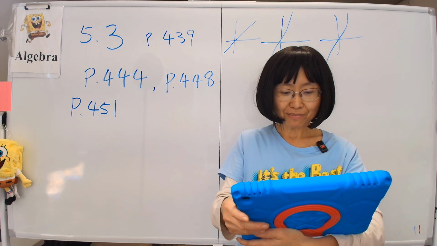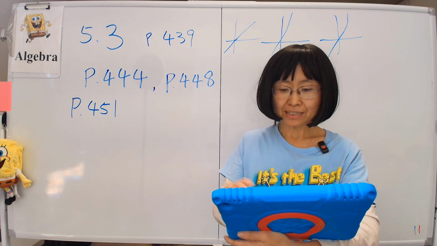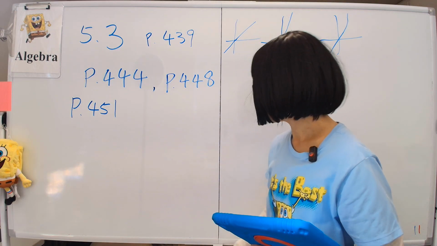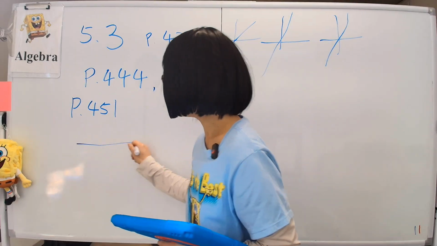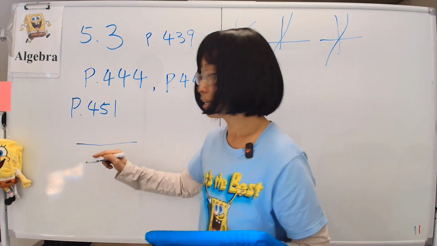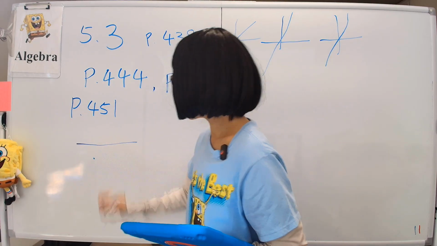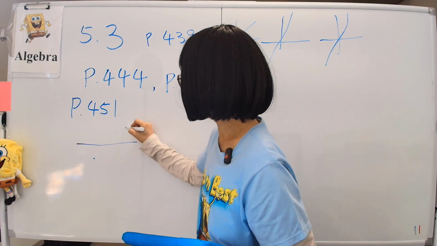The intermediate value theorem, on the bottom of page 451, basically says that if you have a river, here's a river, and there's a guy. Here's our guy, and then at some later time you notice that the guy is here.